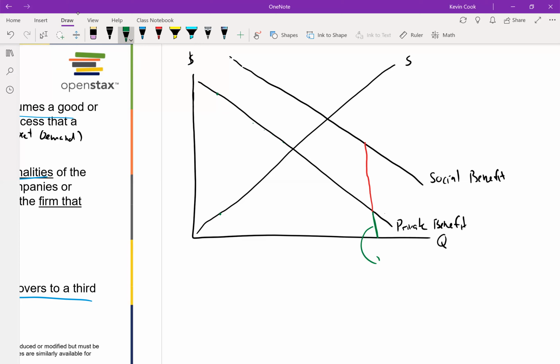So in green, in this case, I have my private benefit. In red, up here, we have our externality. And then if we add them together, we have the social benefit.